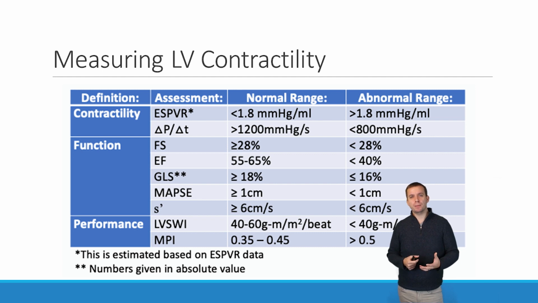I usually try to remember 10, even though that's a little bit of an overestimation, because I also use the same numbers when dealing with diastolic dysfunction for E prime, whenever I'm looking at someone that has diastolic dysfunction for the two sides of it. So it's an easier number to remember, but the actual value is going to be greater than 6 and then less than 6. And then your left ventricular stroke work index and your myocardial performance indexes are listed.